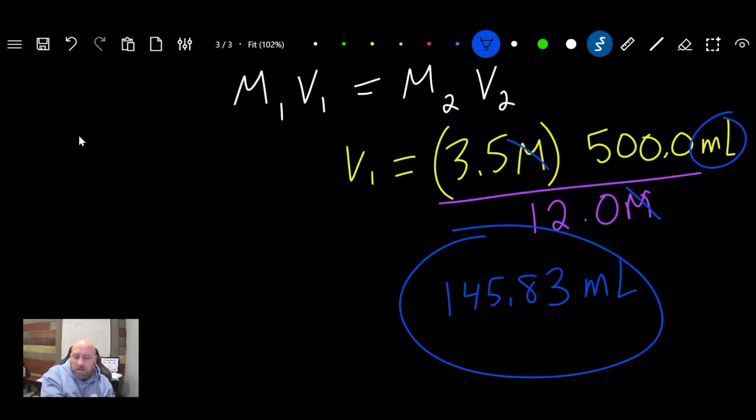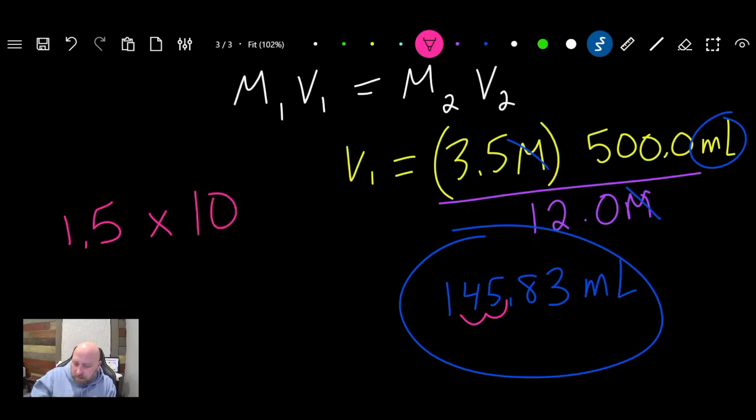Now, you could round that off if you want to. I think the book rounds it off to 1.5, and then the book does it in scientific notation. So basically, they move the decimal here, 1.5 times 10 to the how many decimal spots? 1, 2, times 10 to the second.